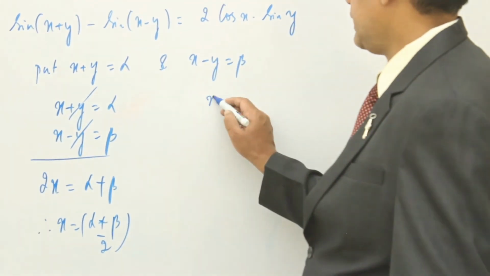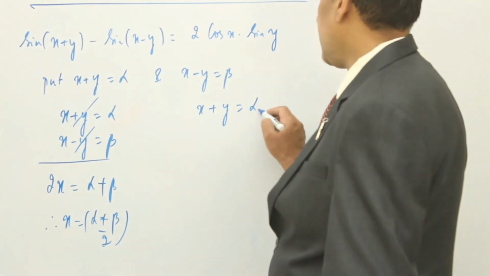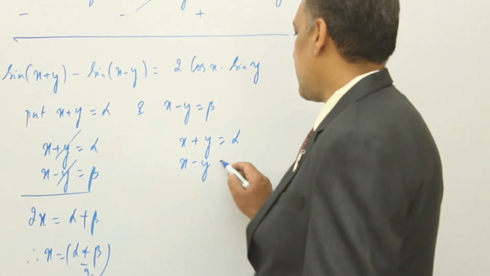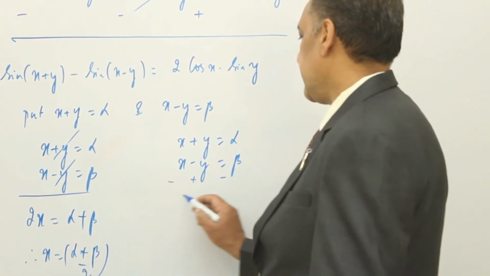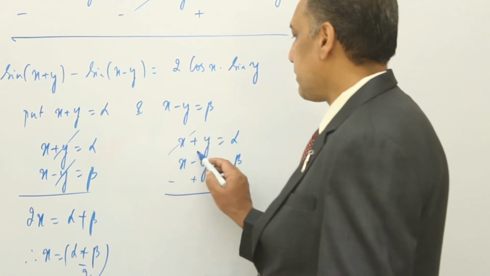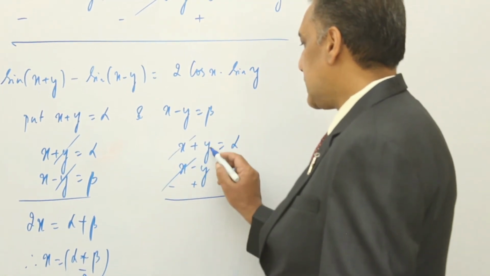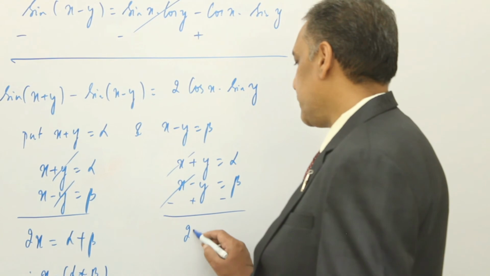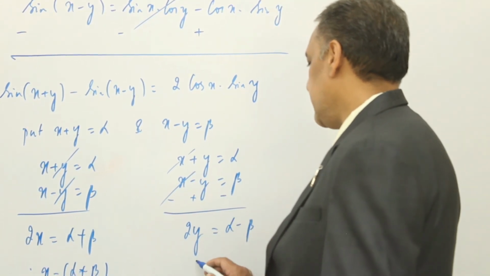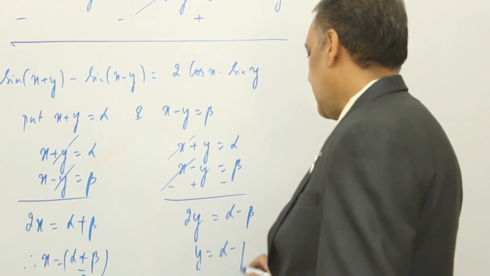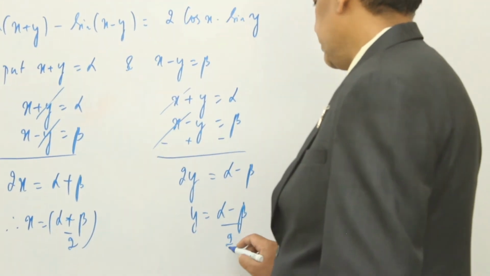Similarly, subtracting them, changing the signs, plus x and minus x get cancelled. Plus y and plus y becomes 2y. This will be equal to alpha minus beta. Therefore, y is equal to alpha minus beta by 2.